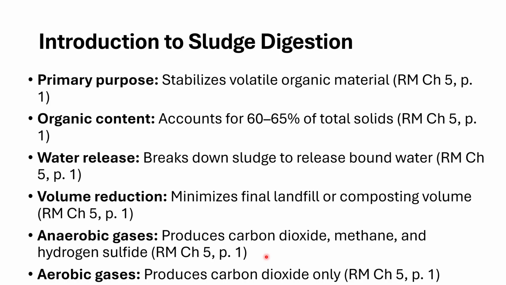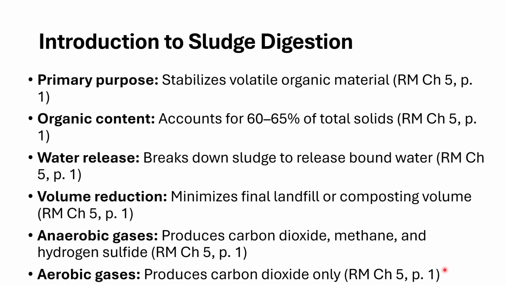And we found in our initial lecture, we talked about an anaerobic process. It's going to produce carbon dioxide, methane, and hydrogen sulfide. Okay. And those, the methane in particular, is flammable. So there are some risks going anaerobic digestion with this, okay?